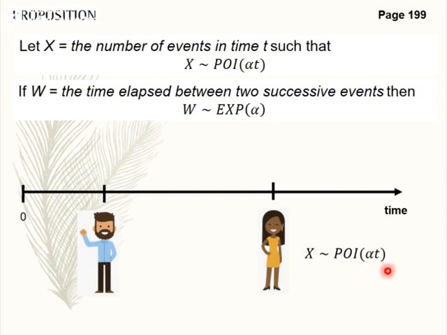Then what this proposition is telling me is the amount of time between customer 1 and 2 is exponential with parameter alpha, and it's the same alpha as the Poisson process that the people are following.